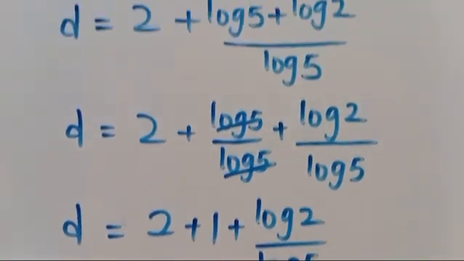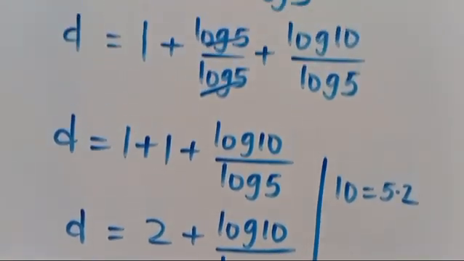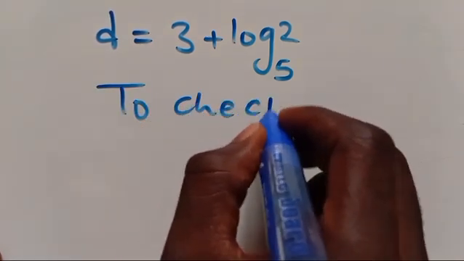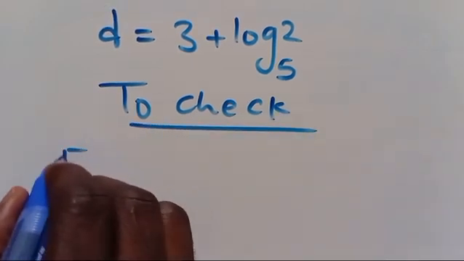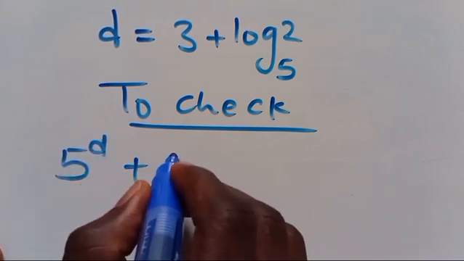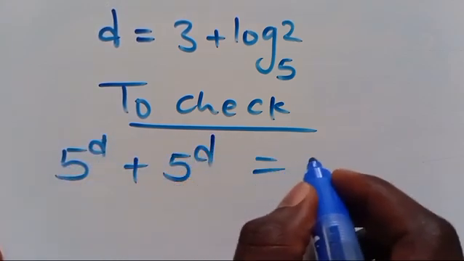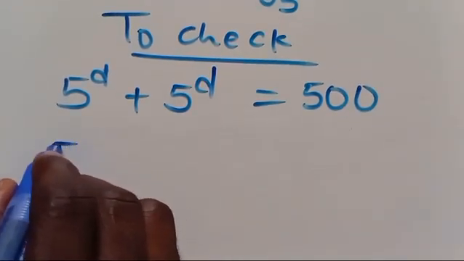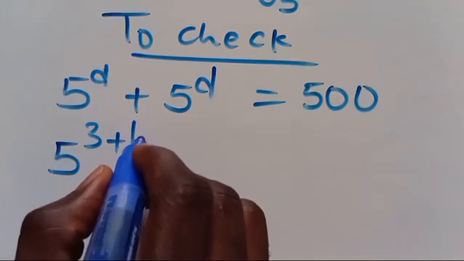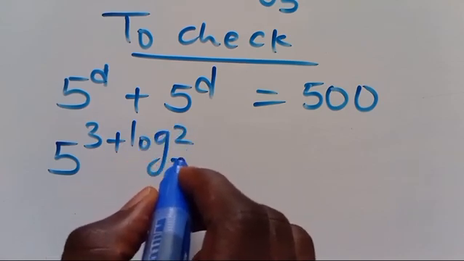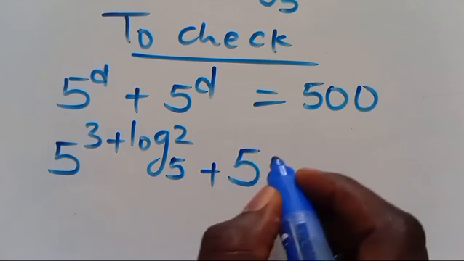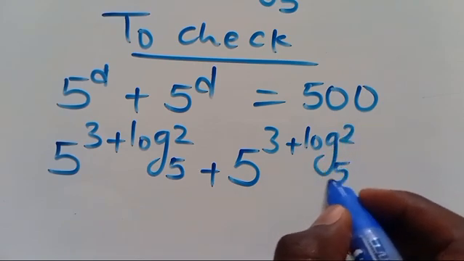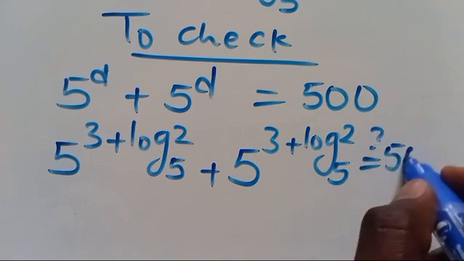Then let us check. To check, 5 to the power of d plus 5 to the power of d equals 500. When d equals this, we have 5 to the power of 3 plus log 2 in base 5, plus 5 to the power of 3 plus log 2 in base 5, which should give us 500.